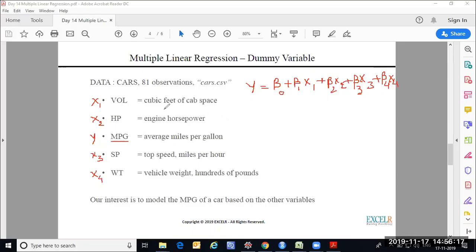But if I take two variables out of these four input variables, which are volume and weight, if the volume of a vehicle is increasing, what could be the relevant change in the weight of the vehicle? It would increase. If the volume is decreasing, weight obviously decreases. That means, are these two variables correlated or not?